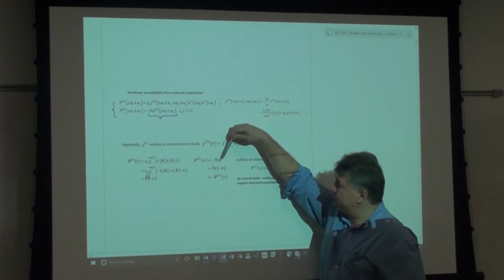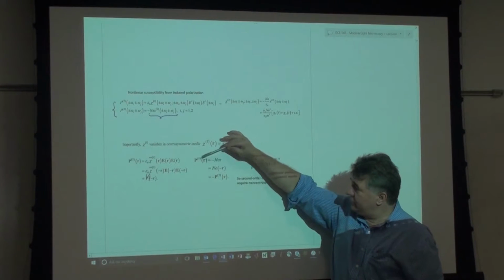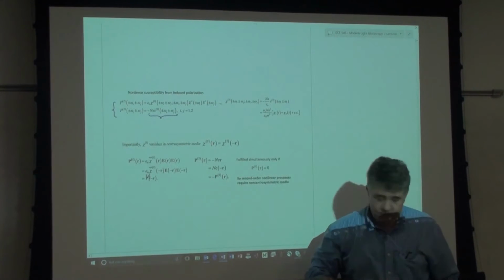Where is it? It's up there. Right? So according to the definition, if I change R to minus R, I get the negative sign, so I get minus P2. Sorry, right?